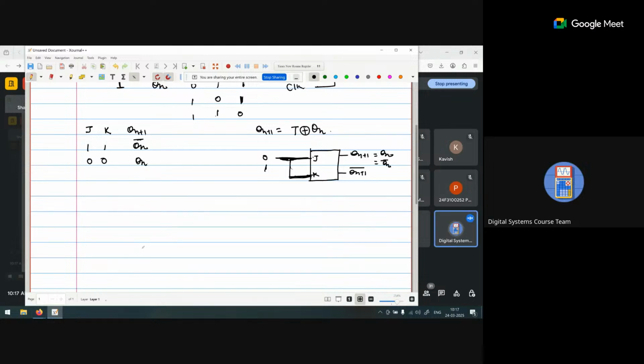We are using a JK flip-flop as a T flip-flop. So how do we use the JK flip-flop as a T flip-flop? This is the way.